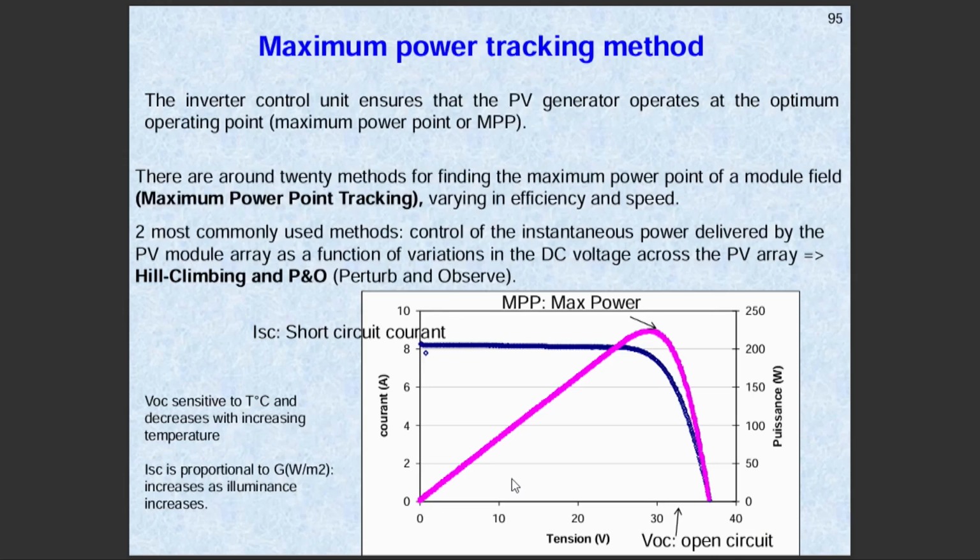So, how is the maximum power tracking operating? It's like a dichotomy test. It's an electronic device, and it starts by fixing a voltage and computes the power. Then it adds a small discrepancy of voltage and computes the new power.